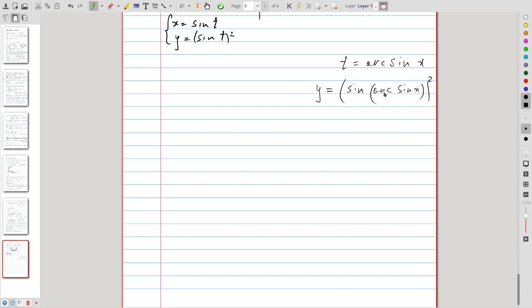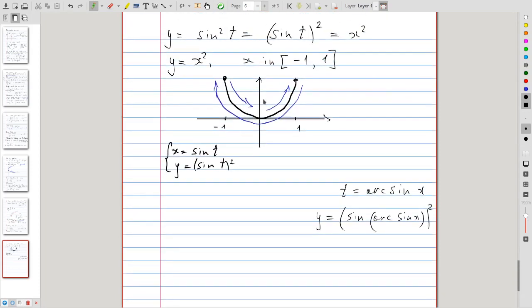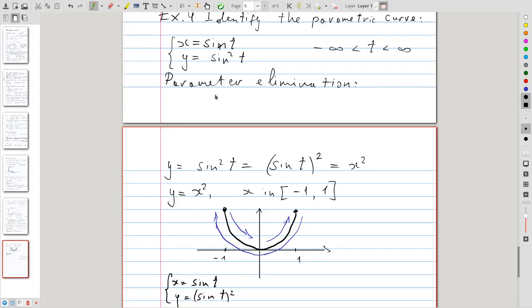And so this requires some thinking about how this composition can be simplified, whereas what we did here was much more direct. We just had to observe that, hey, y is sine of t squared, and that's precisely what you get if you square x. So noticing this dependence directly was much easier.